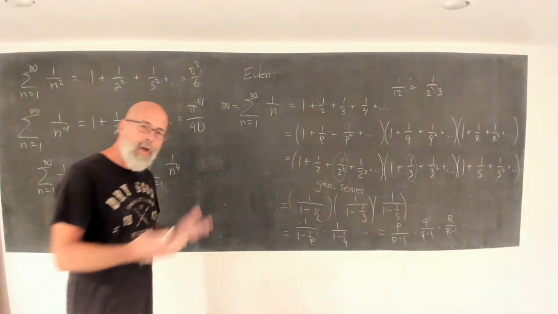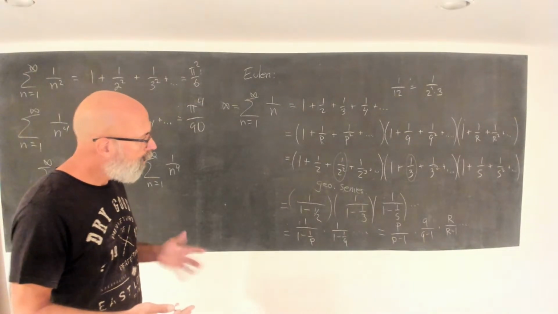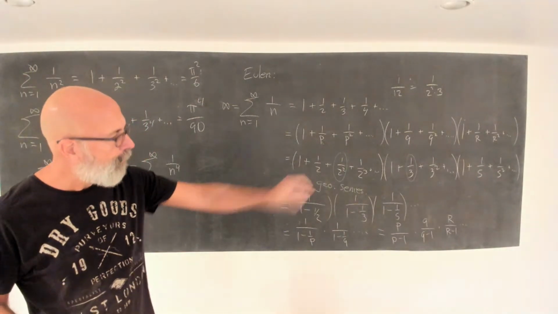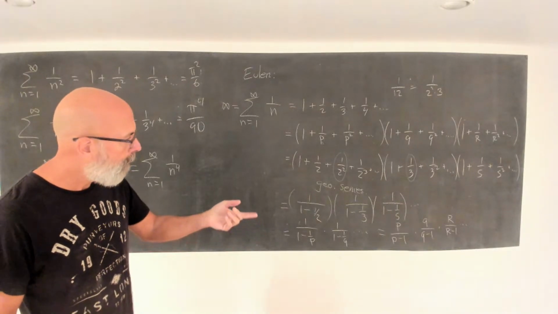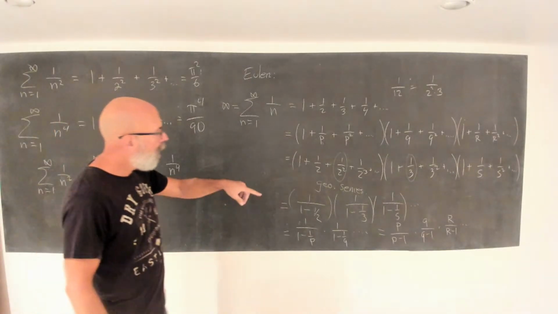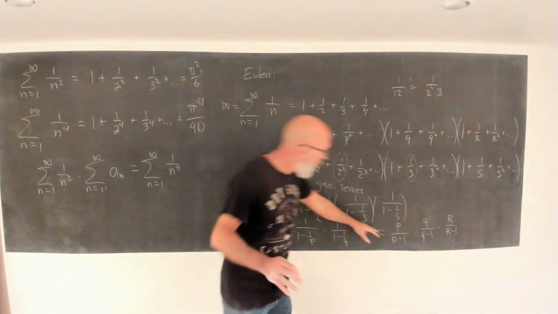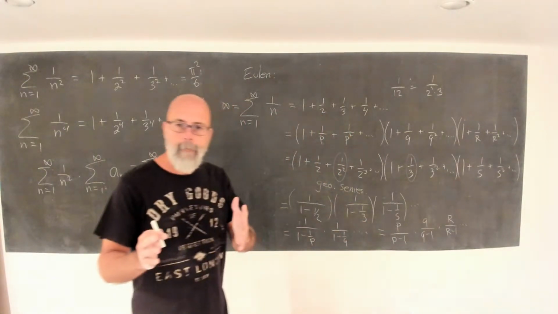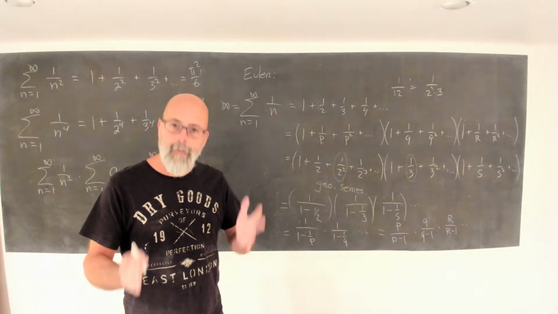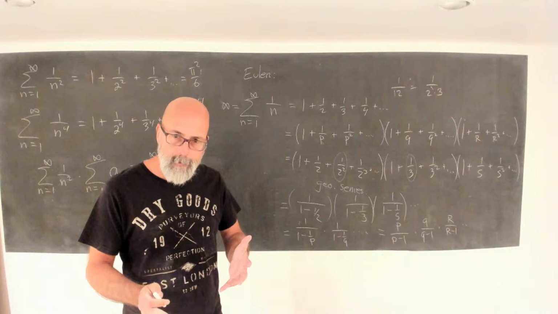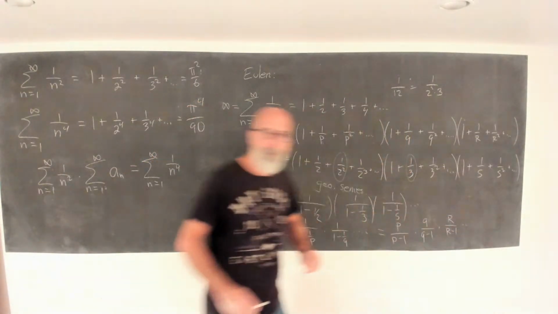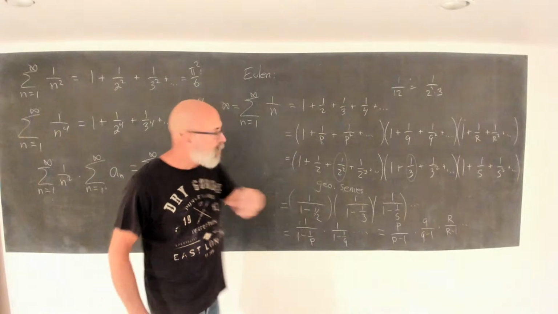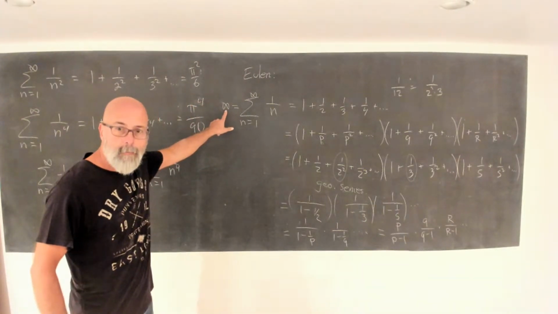And now his observation was, well, you have an infinite product of primes. Well, no, I mean, his observation was, if you only have finitely many primes, you're going to have a finite product here, which is not going to be infinity.